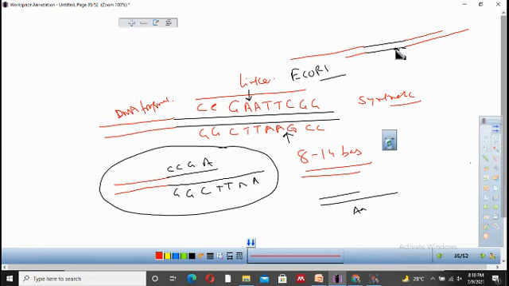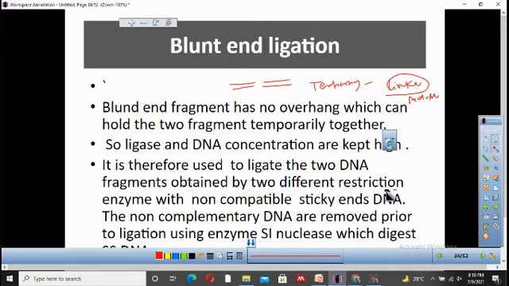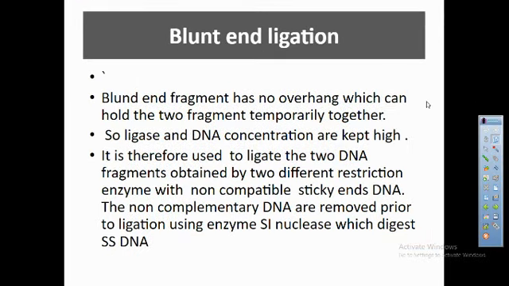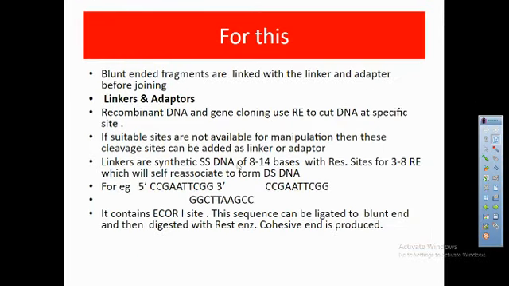Here no restriction sites are present in the adapter. So you can see the differences between the linker and the adapter. Here I am showing how the linkers and adapters can work together.